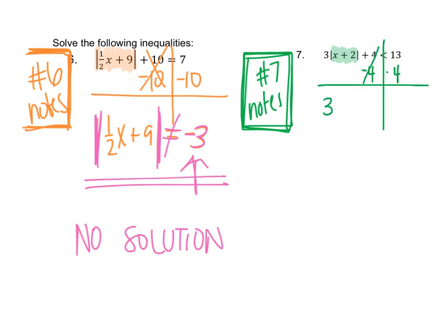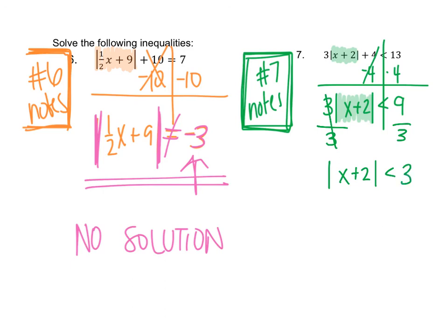So I have 3 times the absolute value of x plus 2 is less than 9. I still have not yet isolated this absolute value, so I have to get rid of the 3. The 3 is being multiplied with the absolute value, so I would divide by 3 on both sides to get rid of it. The absolute value of x plus 2 is less than 3.